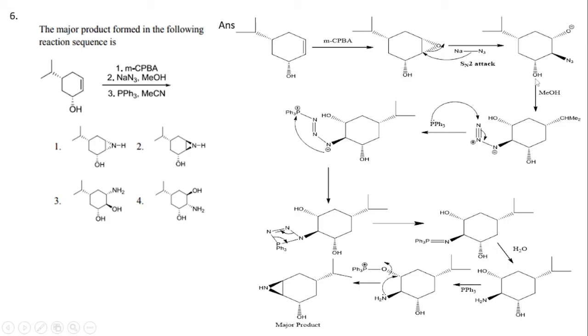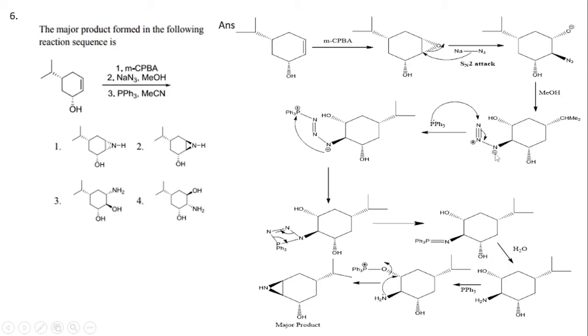And methanol, then they are adding this methanol. This methanol is acting as a mild acid. So due to the presence of this methanol, the alkoxide ion abstracts the proton from this methanol to form this alcohol.